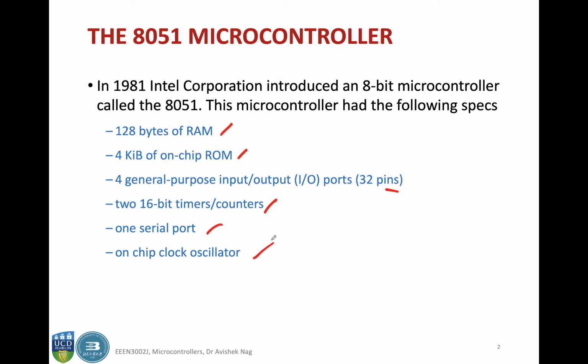So we will get to know about the details of these as we proceed through this module, and you will see in this lecture and the future lectures what are the functions of these things, and how they perform.